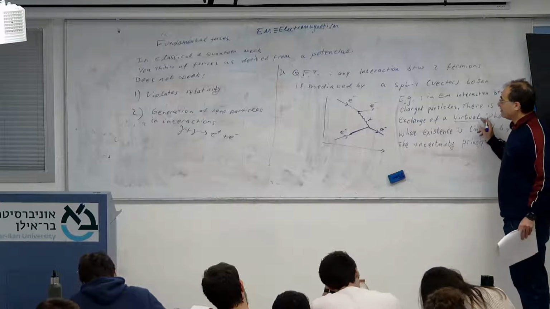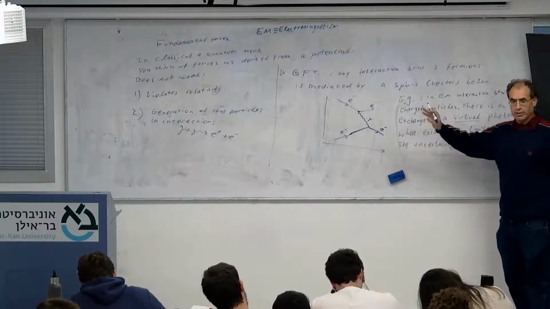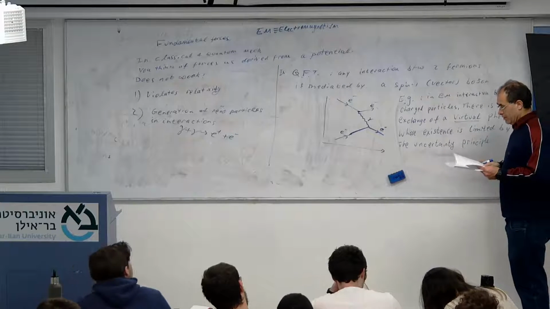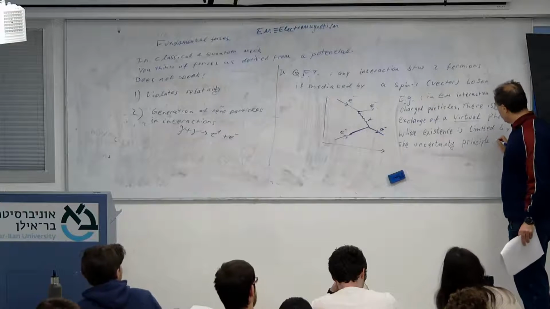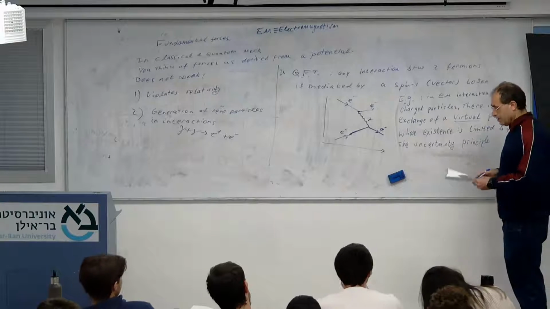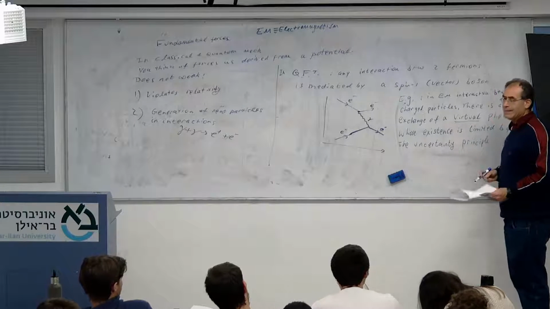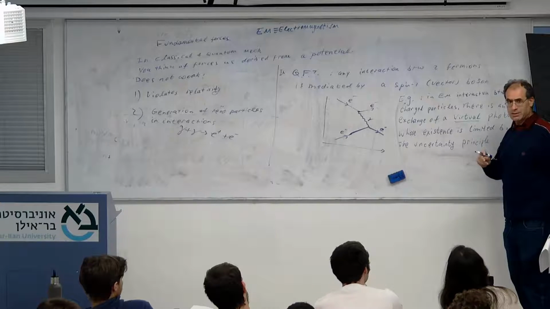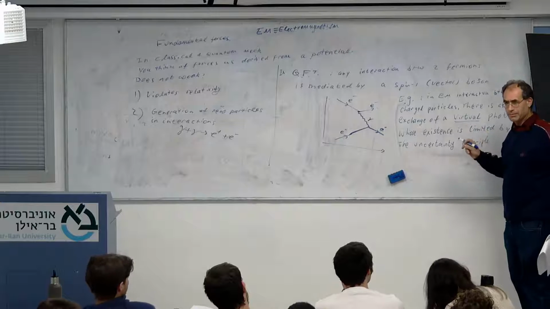But it does carry some of the characteristics of a real particle. Okay? Now, as opposed to a real particle, it does not obey the standard relation between E, m, and p.